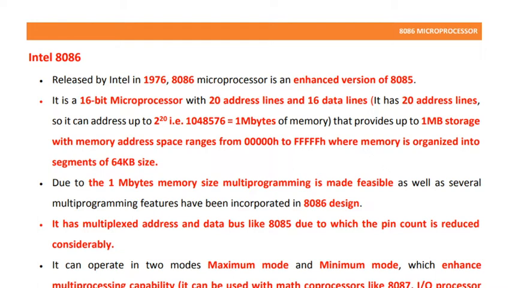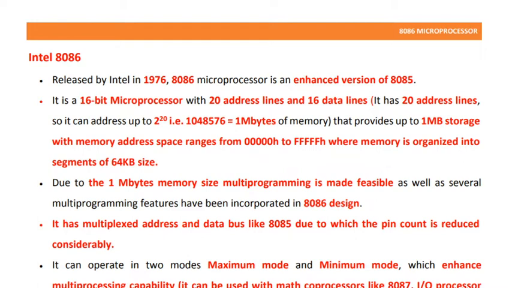Here, segment basically refers to logical partitioning of the memory in order to facilitate and speed up operations. From here, we can understand that in case of Intel 8086 microprocessor, the size of the address will be of 20 bits.